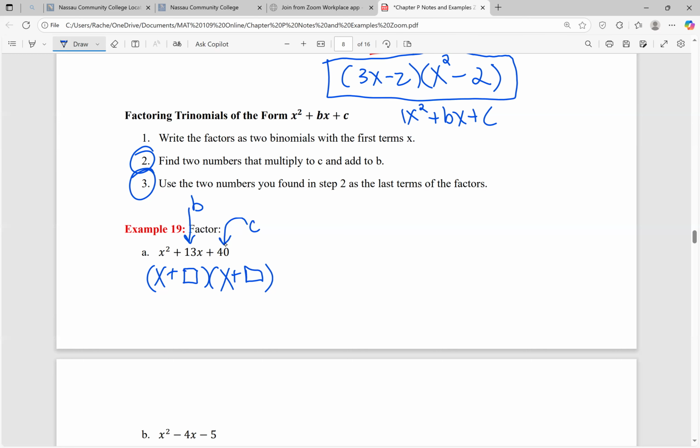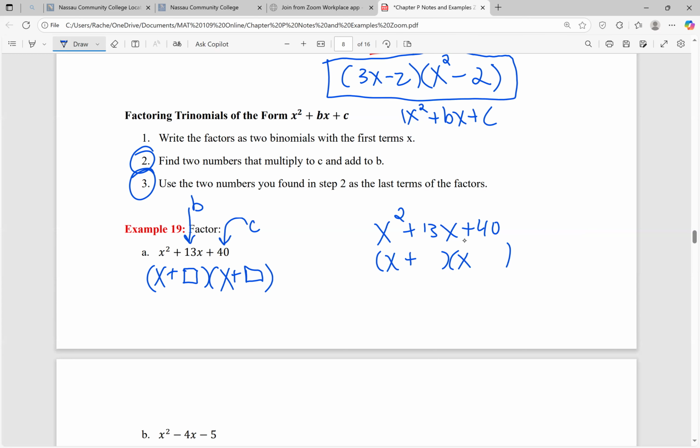So let's factor example 19a, which is x squared plus 13x plus 40. So we're looking for 2 numbers that multiply to 40 but add to 13. So they have to multiply to c, add to b. So I'm thinking 8 times 5, right? 8 times 5 is 40, and 8 plus 5 is 13.